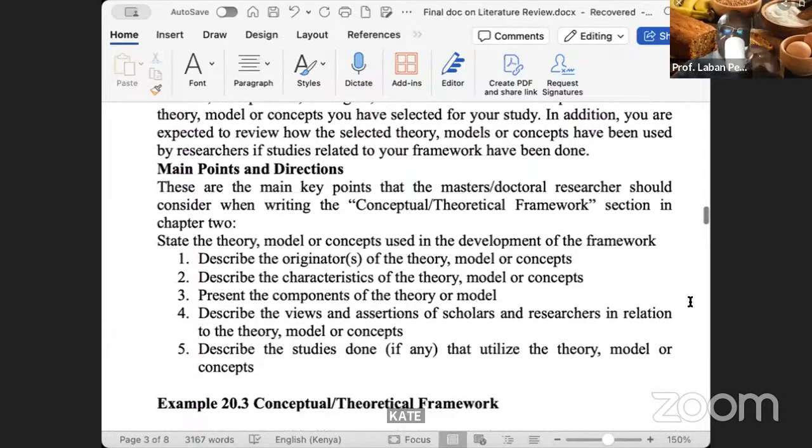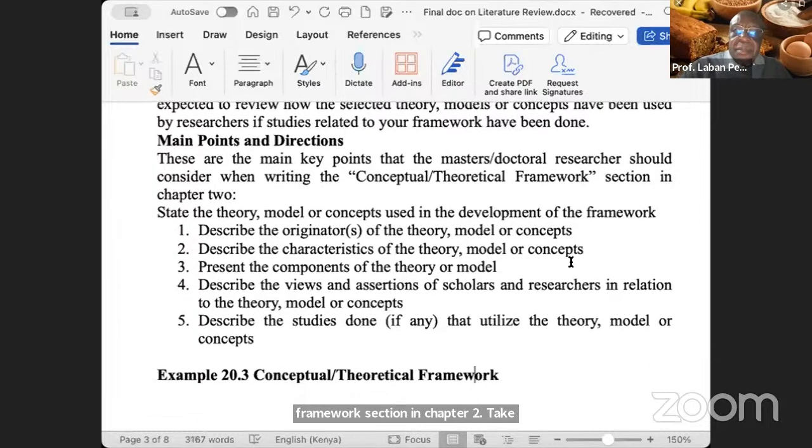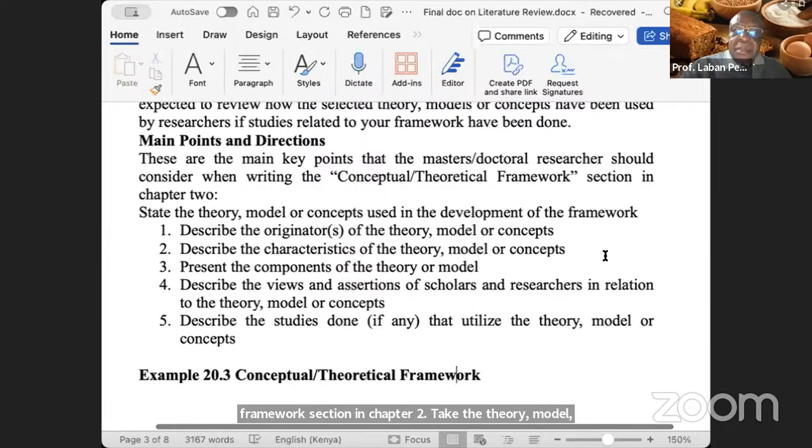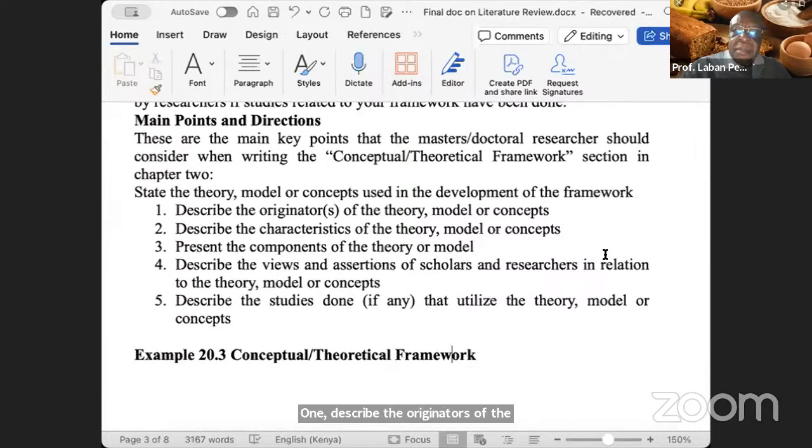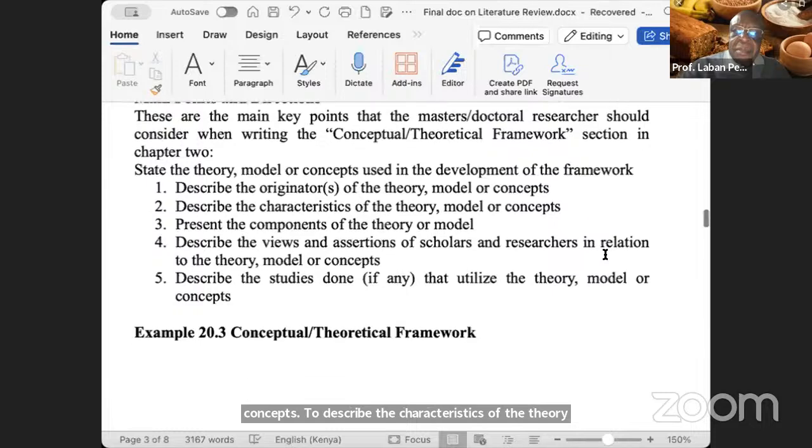Main points and directions. These are the main key points that the master's or doctoral researchers should consider when writing the conceptual theoretical framework section in chapter 2. State the theory, model, or concepts used in the development of the framework. 1. Describe the originators of the theory, model, or concepts. 2. Describe the characteristics of the theory, model, or concepts. 3.